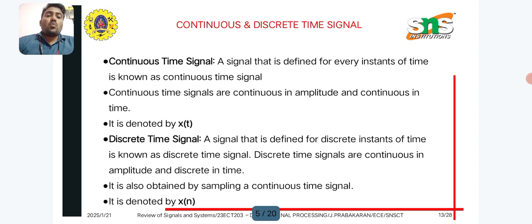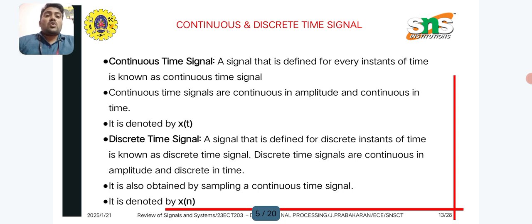What is a continuous time signal? A signal defined for every instant of time is known as a continuous time signal. Continuous time signals are continuous in amplitude and continuous in time, denoted by x of t. Whereas a discrete time signal is continuous in amplitude and discrete in time.